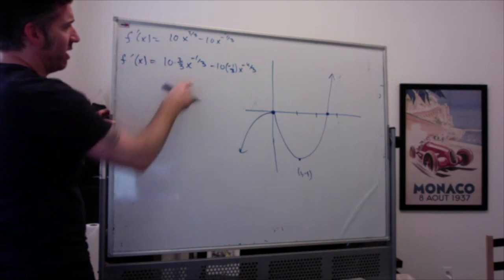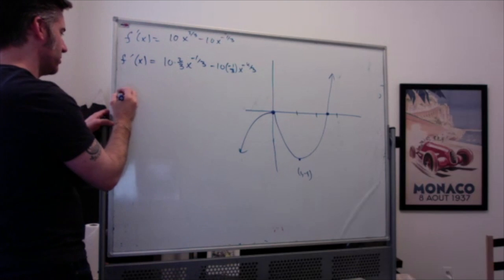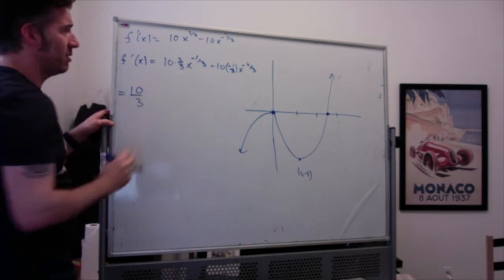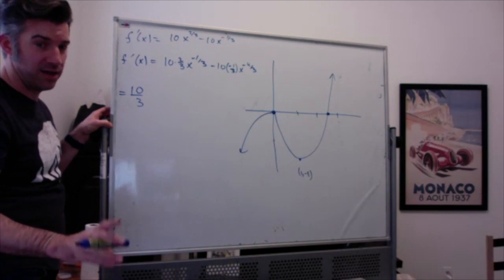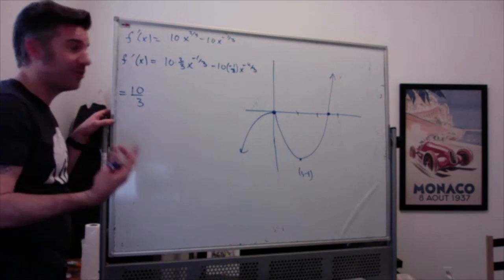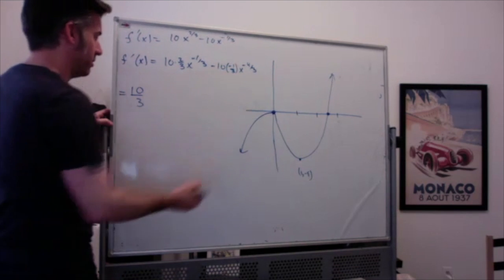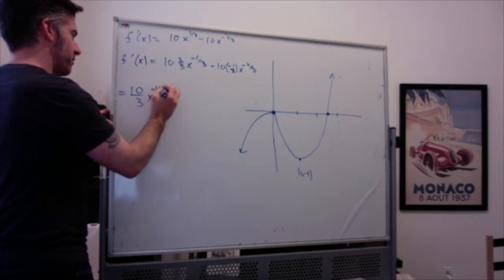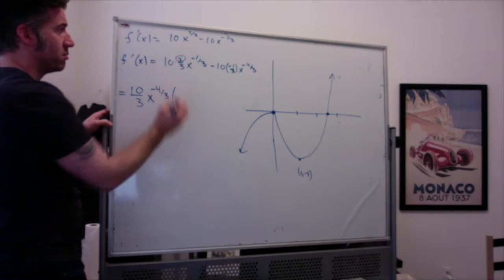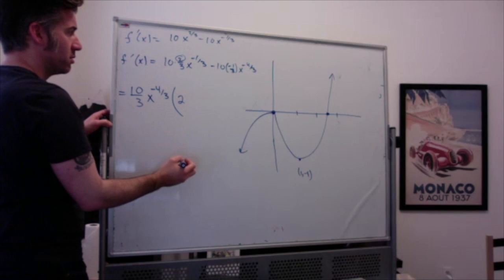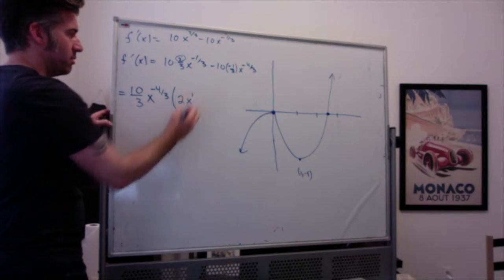So I'm definitely going to factor out a 10/3. I'm also going to factor out the smallest power of x, which is x to the negative 4/3 in this context. So I'm left with a 2 x to the 1.